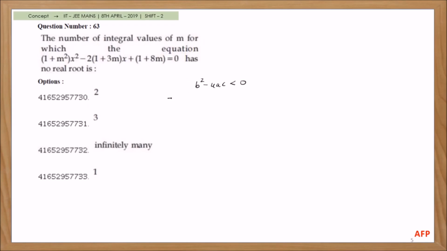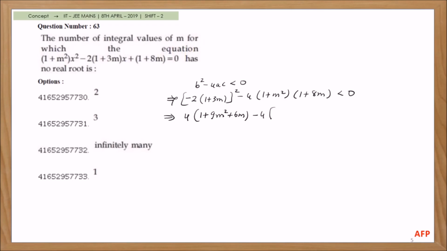We'll substitute those values: b is minus 2 into 1 plus 3m whole square minus 4 times, as it is, a is 1 plus m square and c is 1 plus 8m, less than 0. Now we will square it and multiply it inside, and you get this equation.